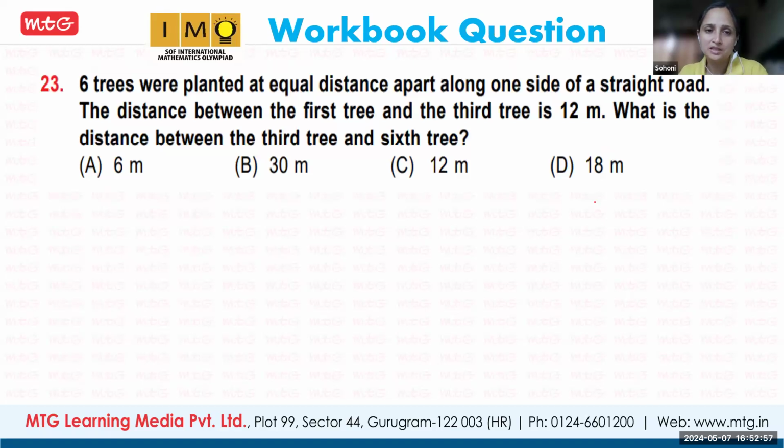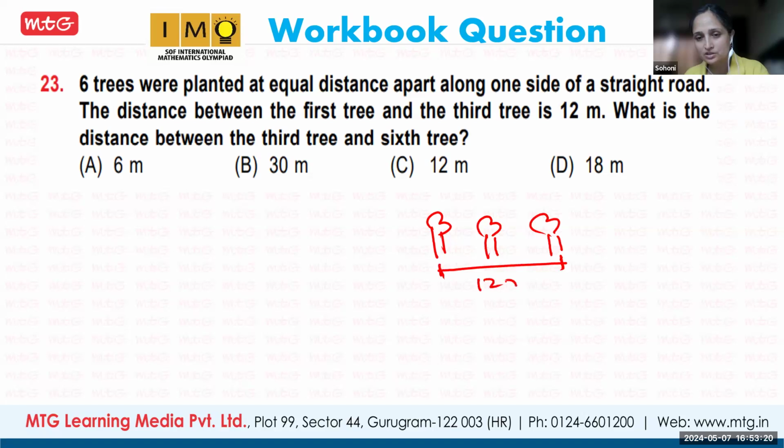6 trees were planted at equal distance apart along one side of a straight road. The distance between the first tree and the third tree is 12 meters. So if this one is your first tree, second tree, third tree, the distance between first and third is 12 meters.